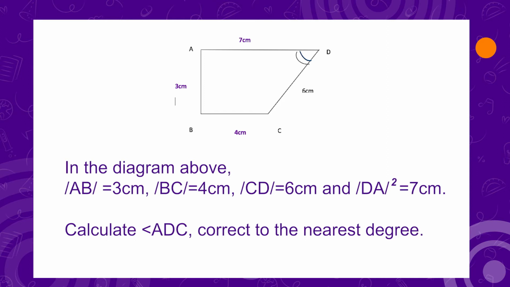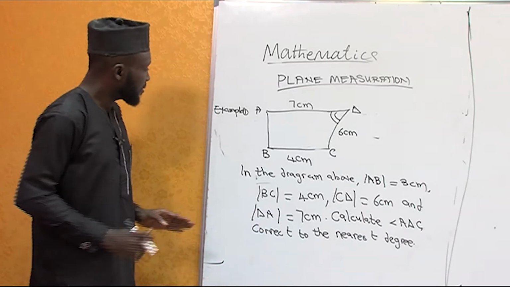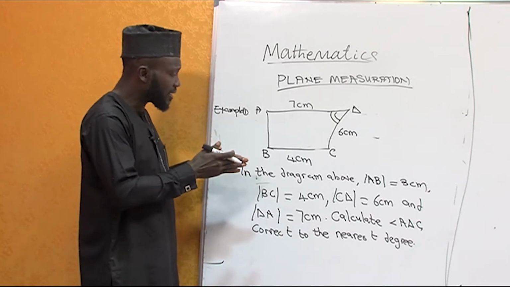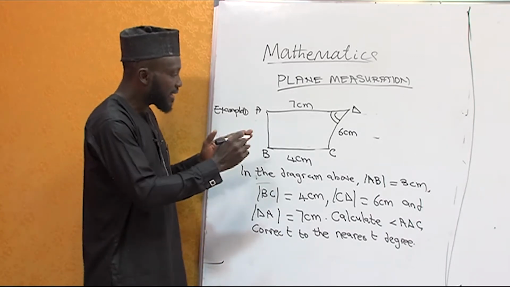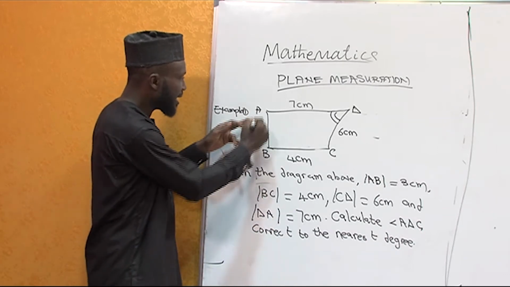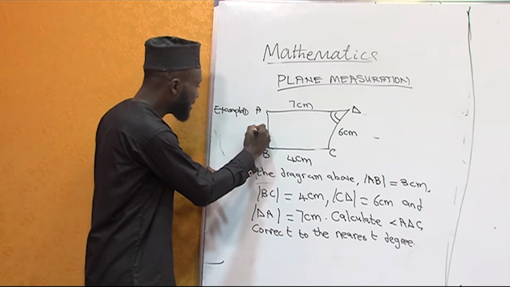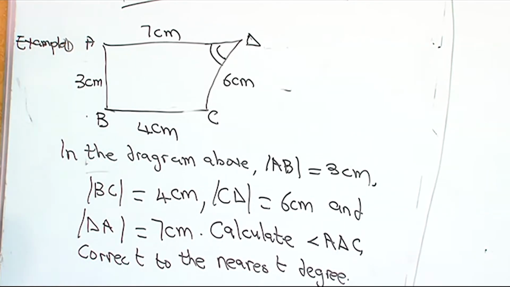Now we are asked to calculate angle ADC correct to the nearest degree. We are given a diagram, and in the diagram above, we are given line AB to be equal to what? 3 centimeter, which means this is going to be 3 centimeter.